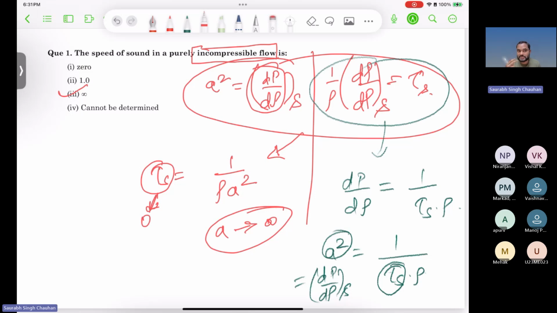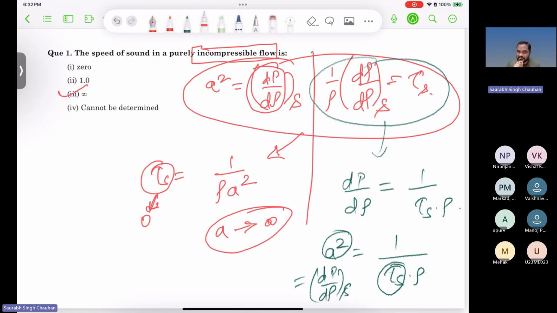And what is sound? Sound is a wave, which you can model as a pressure wave. If there is some disturbance in pressure at a point, that disturbance travels through the medium, which can be air or any fluid, at the speed of sound in that medium.